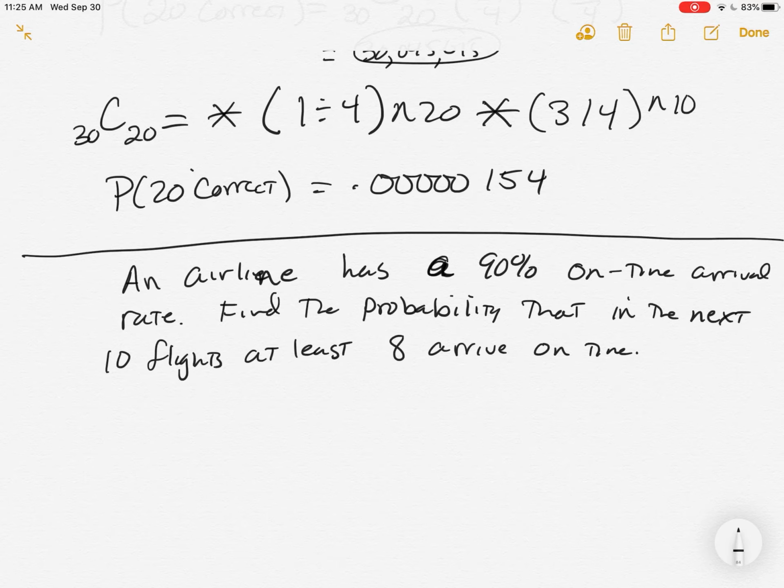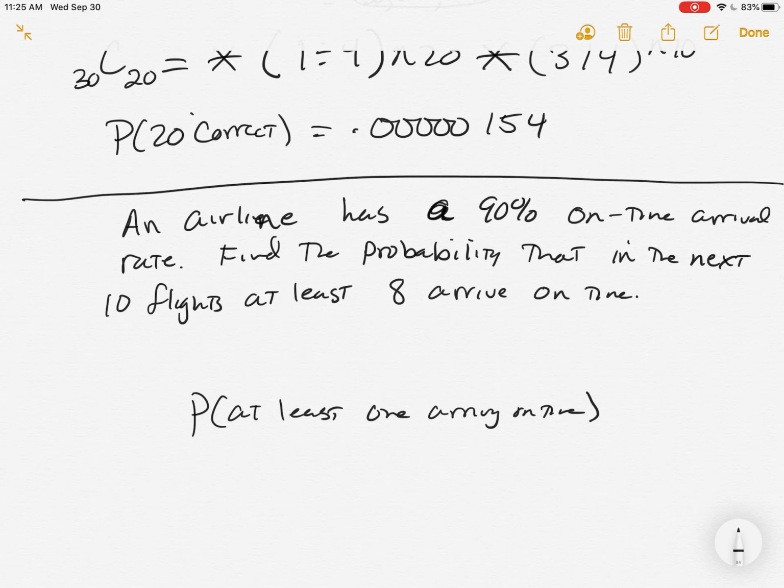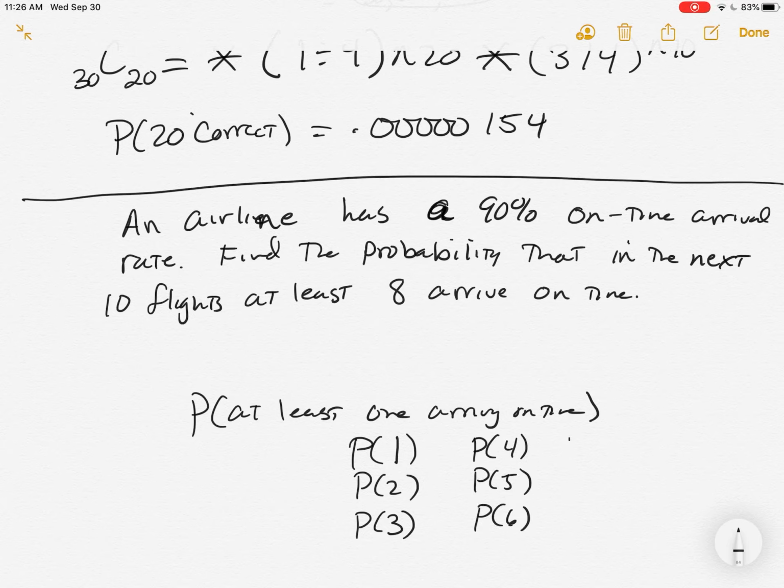Now, you don't want to be triggered. In the 4.3 section, when you had an at least 1, the probability of at least 1 of those flights arriving on time, we recommended a different procedure to handle that, because to handle this directly, there would be 1 flight arriving on time, or 2, or 3, or 4, or 5, or 6, or 7, or 8, or 9, or 10.